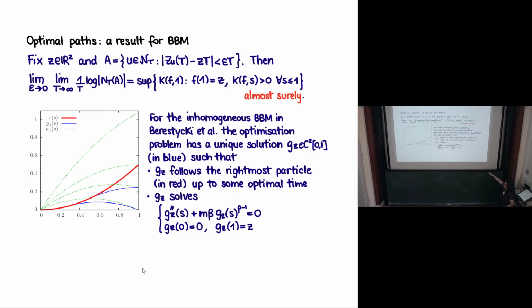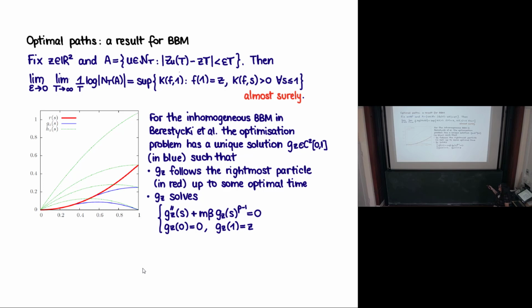For the BBM, the authors could show that this optimization problem has a unique solution, which is in blue in this picture. The red path is the rightmost particle of the BBM, which is known, the curve is known.